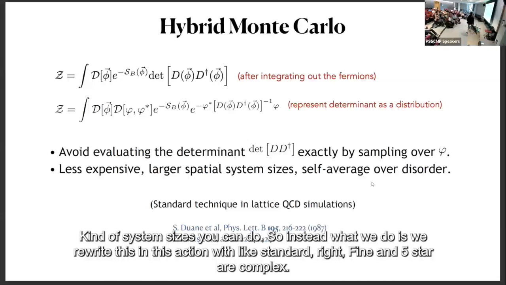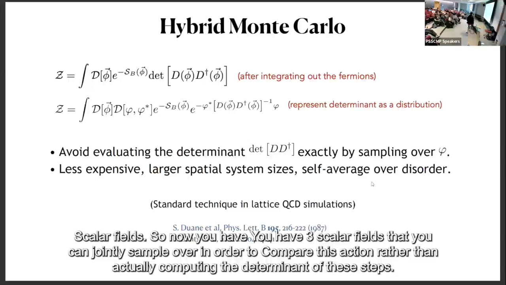So instead, what we do is we rewrite this action with this standard identity, where phi and phi star are complex scalar fields. So now you have three scalar fields that you can jointly sample over in order to compute this action, rather than actually computing the determinant at each step.